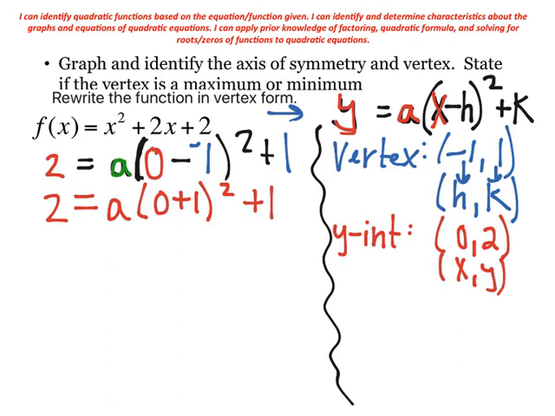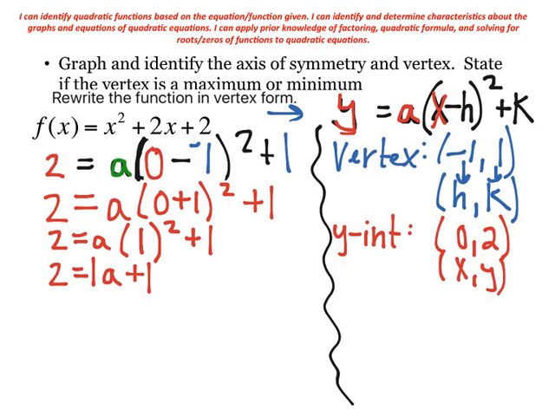Keep simplifying. 2 equals a times (instead of 0 plus 1, that's just combined to be 1) squared plus 1. Keep on simplifying. 2 equals a times 1 squared, which is just 1, plus 1.